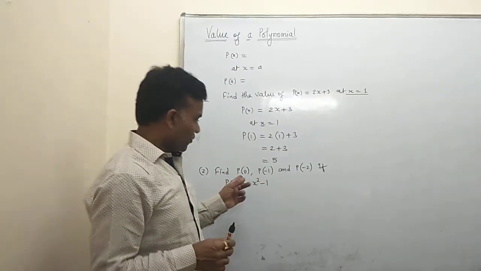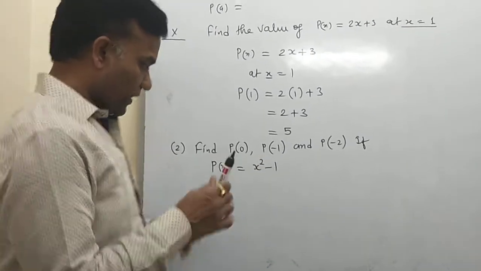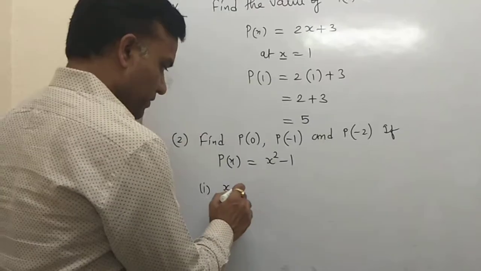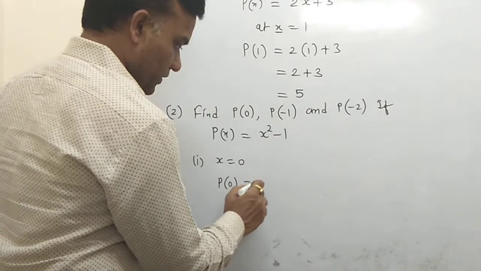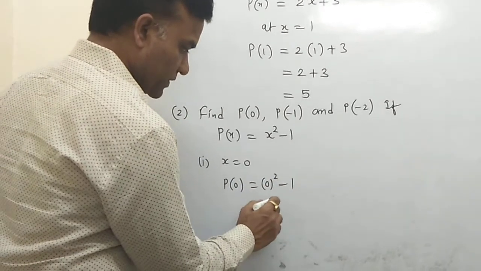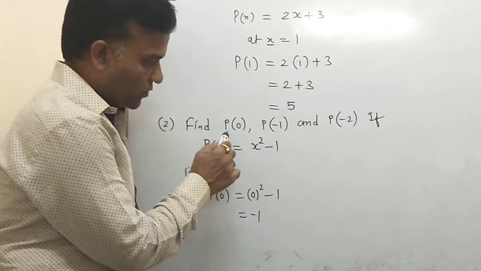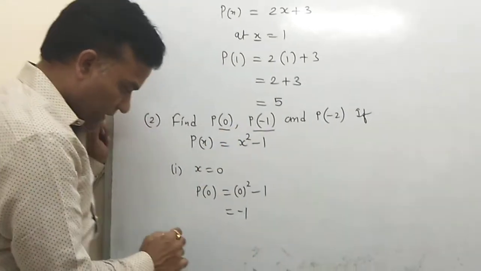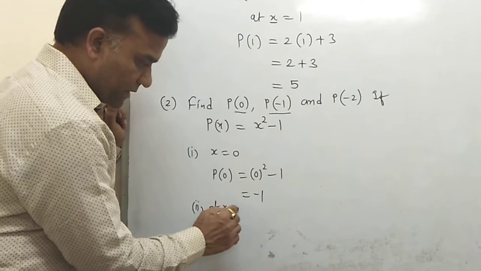First you find p of 0. At x equal to 0, p of 0 is 0 square minus 1, which is minus 1. In place of x you replace 0 because you find p of 0. Similarly, you find p of minus 1, at x equal to minus 1.